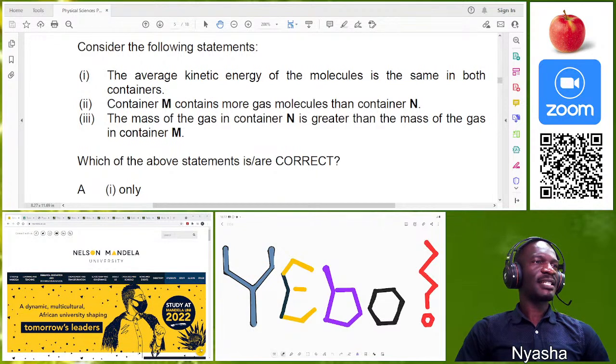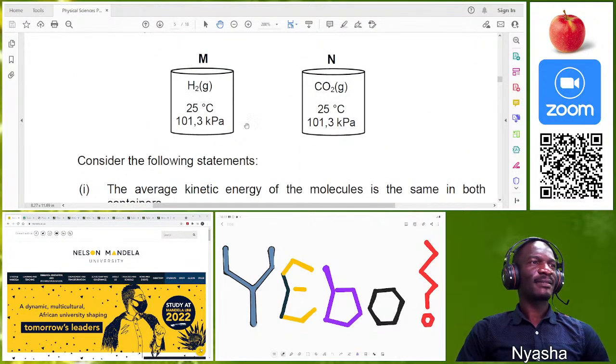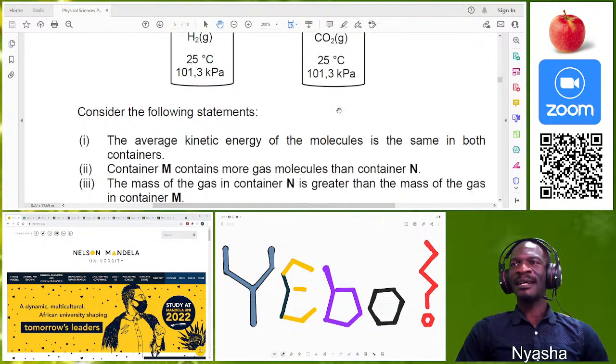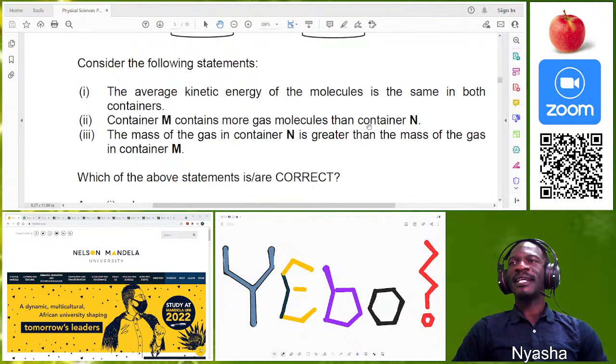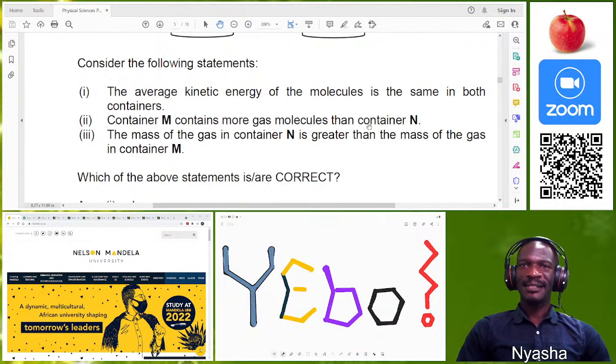Statement number 2, container M contains more gas molecules than container N. The last statement, the mass of the gas in container N is greater than the mass of the gas in container M. So you are looking at three things.